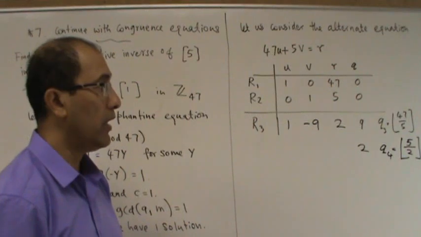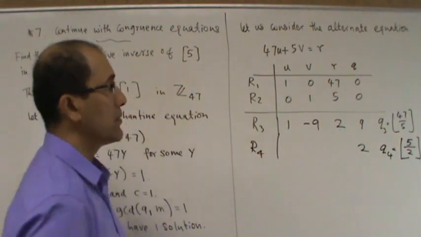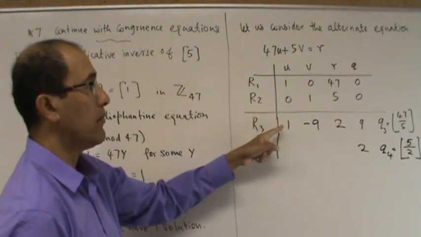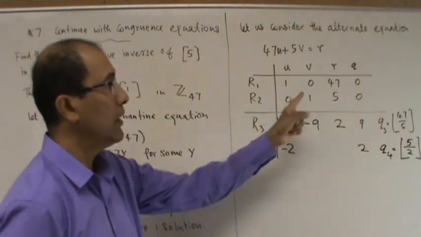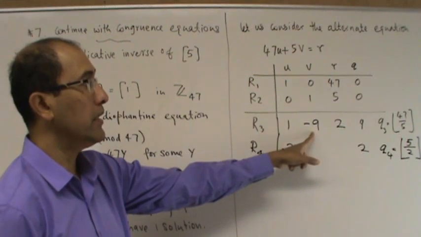So once I know Q4, I can therefore write R4. I subtract from R2, Q4 times R3, so 0 minus negative 2 is a negative 2, 1 multiply this, that's a negative 18.